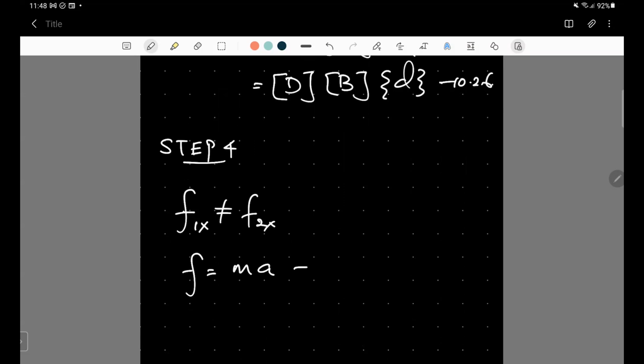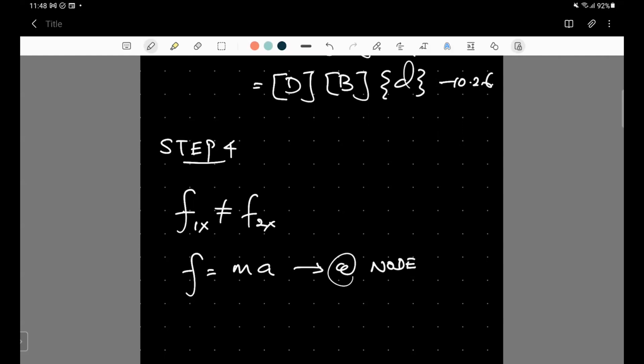So let's apply this for each node, because each node undergoes some movement and is not in equilibrium.